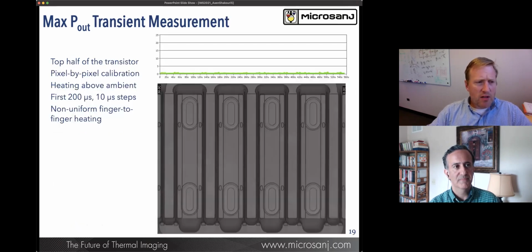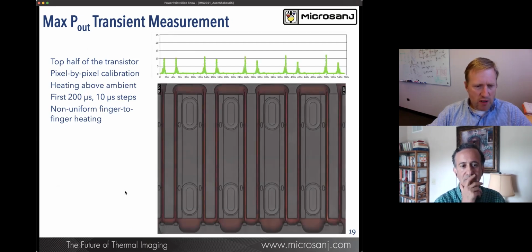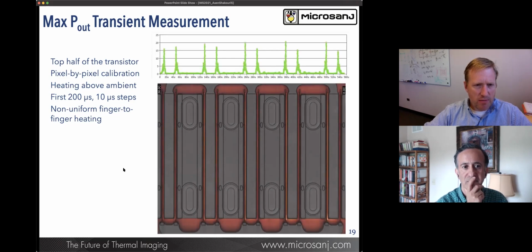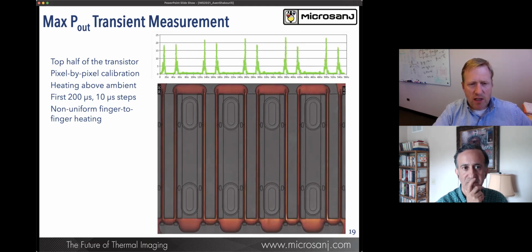As we get into the transient measurements, what we're going to do now is measure the device with that 50 nanosecond resolution. And in the bottom image that I'm showing here, this is a movie as we heat up the device. If you watch the movie on the top where we do a cross section, you'll see that some of the fingers do heat up a little bit asymmetrically.